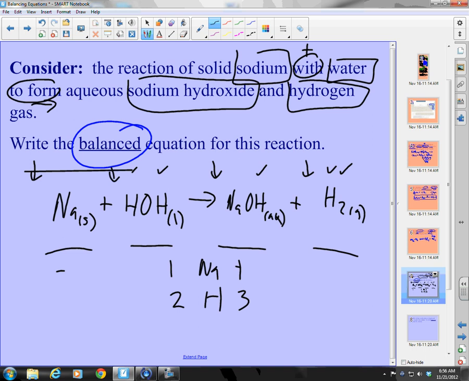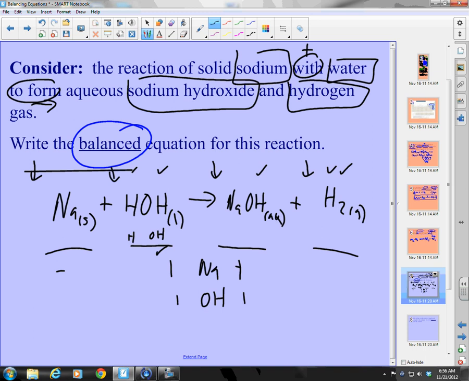And now this is where it helps me if I look at water as HOH, because let's look at it a different way. Let's look at my polyatomic as a separate thing. We'll call it an OH here. So I have 1 OH here and 1 OH here.